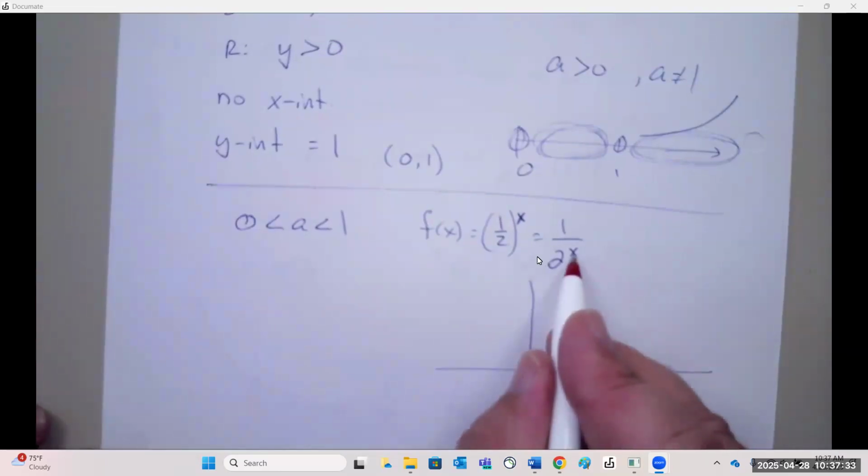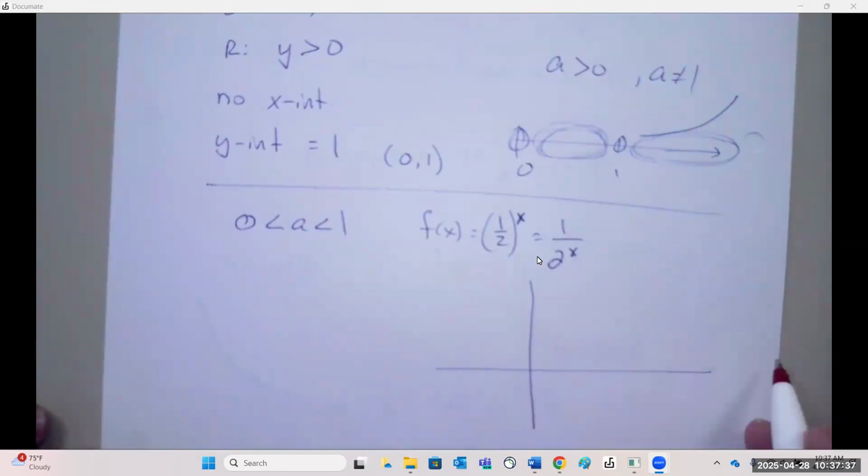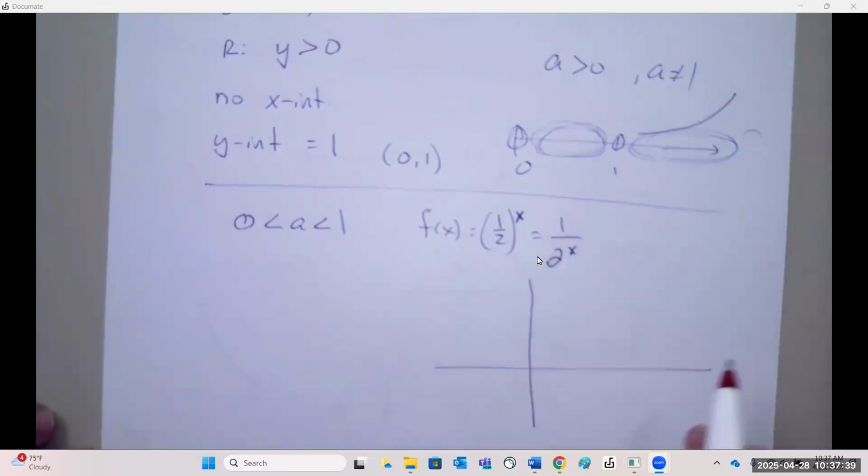As x gets bigger, this whole number becomes smaller.